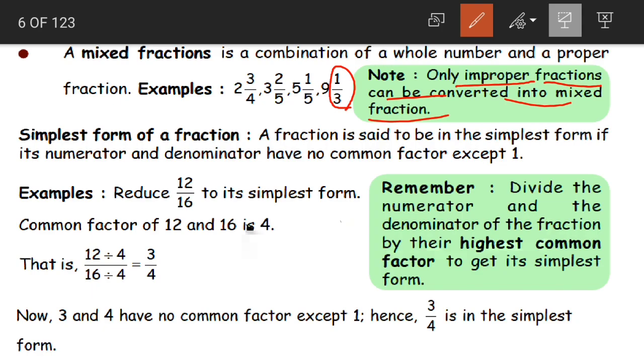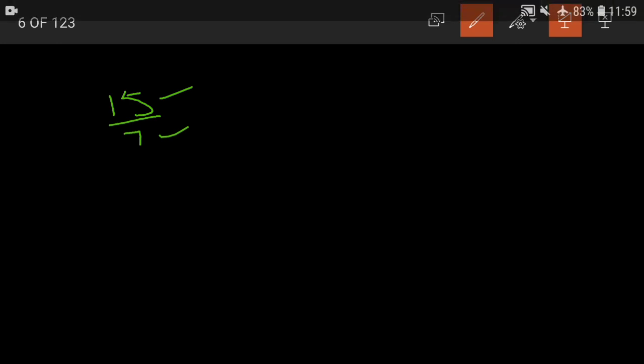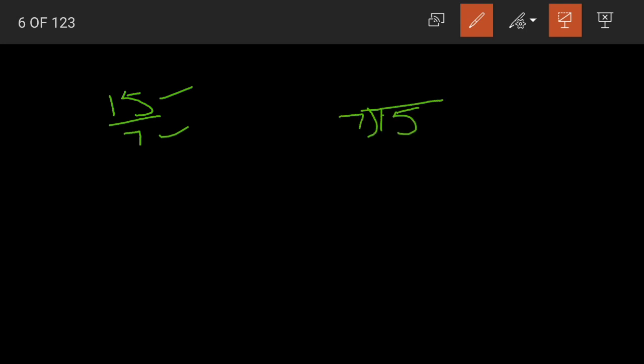Only improper fractions, such as 15 by 7. If I take the improper fraction 15 by 7, the numerator is greater than the denominator. How to convert this into a mixed number, children? We need to divide 15 by 7.